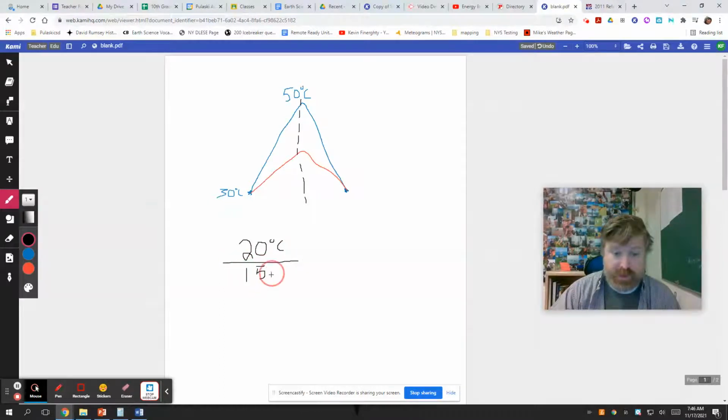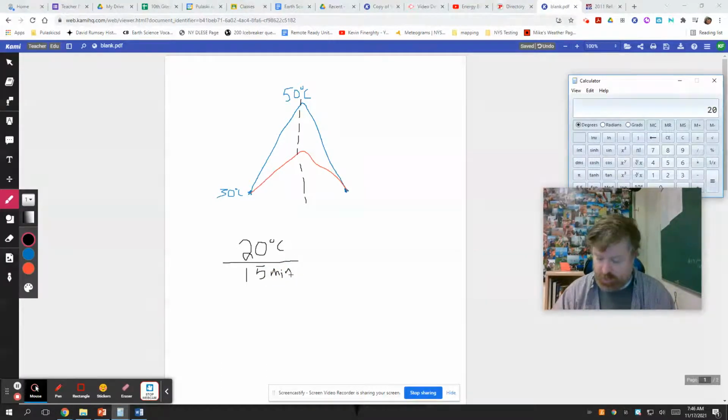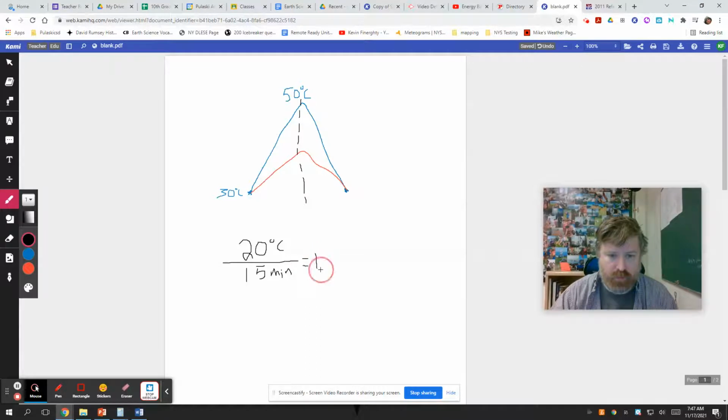There's your problem. That's it. Grab a calculator. 20 divided by 15 is 1.33333. We'll call it 1.3. And then your label is degrees C per minute.